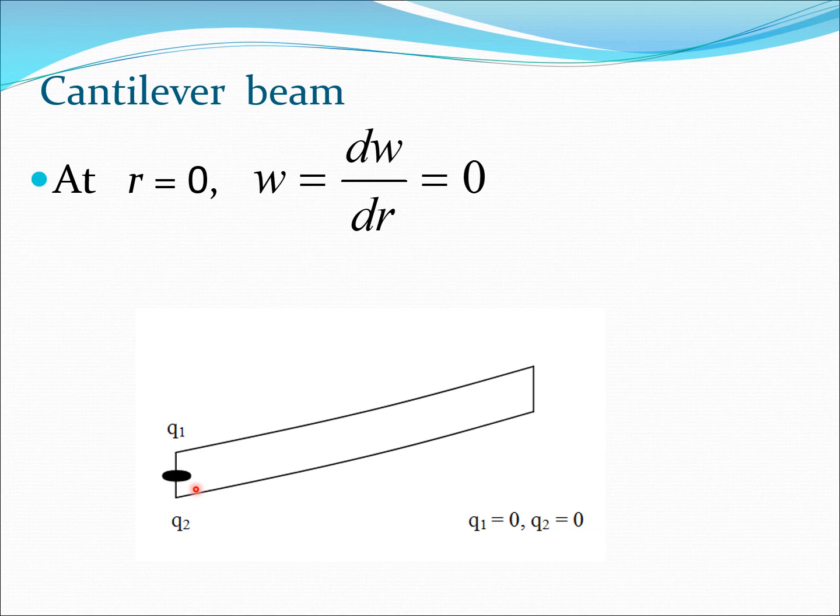So now that boundary condition that W is equal to 0 and the first derivative of W equal to 0 manifests itself in this form in terms of the degrees of freedom. Always remember Q1 was the displacement and Q2 was the slope. So these boundary conditions exist at R is 0. And from our discretization of this into three segments, we know that this is only impacting Q1 and Q2 for segment 1.